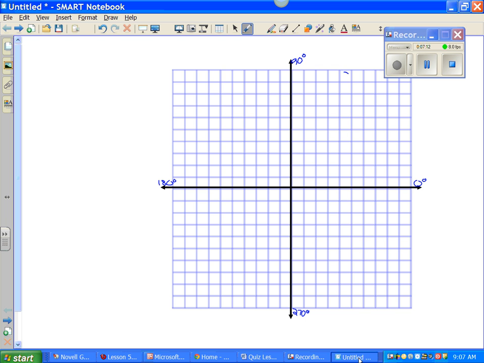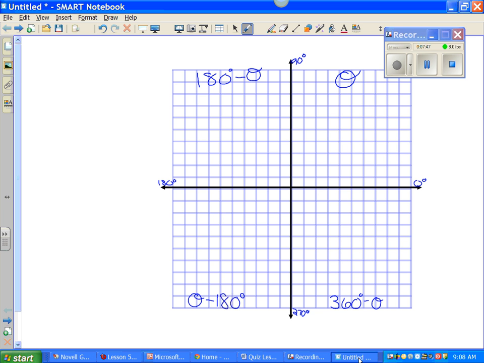If the angle's in the first quadrant, the reference angle is simply itself. It's less than 90 degrees, it's itself. In the second quadrant, we're going to do 180 minus theta. In the third quadrant, it's going to be theta minus 180. And in the fourth quadrant, it's going to be 360 minus theta.